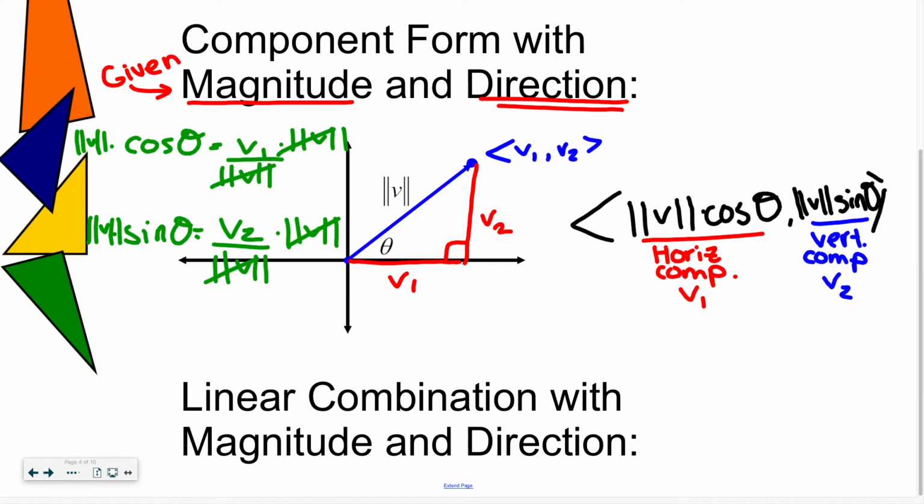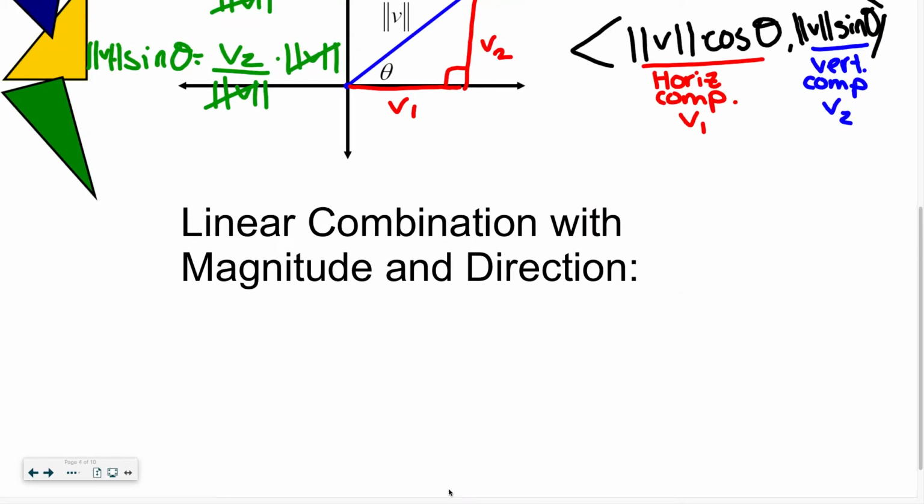And likewise, where those are our v sub 1s and our v sub 2s, we could change that into linear combination. Okay. So we did that in the warm-up. For the linear combination, it would be the magnitude of v times the cosine of theta, because that's my horizontal component.